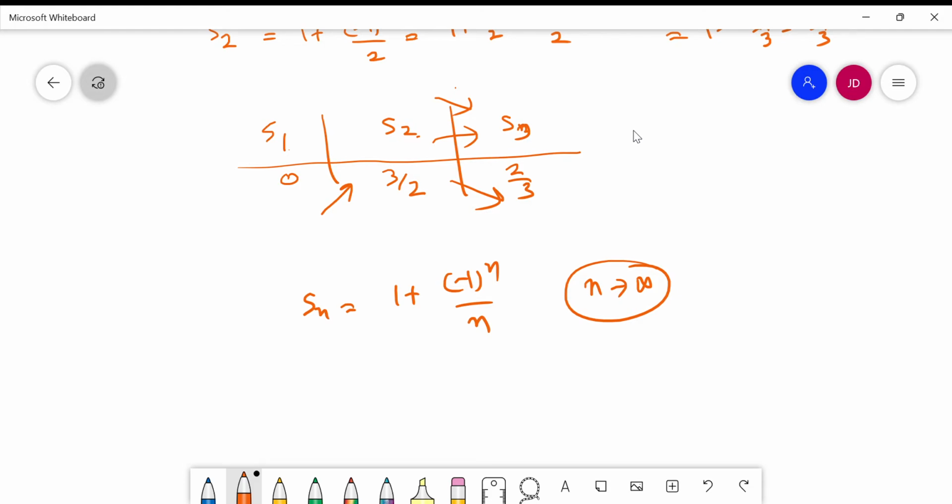For that we use the sandwich theorem. So let's write down the theorem first.